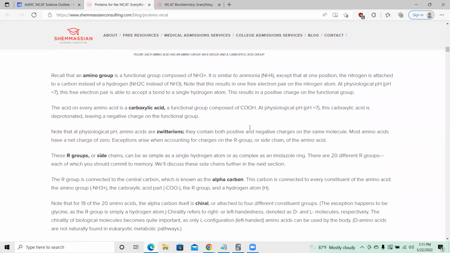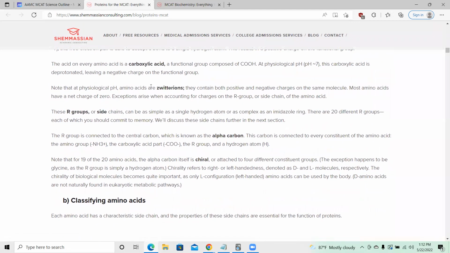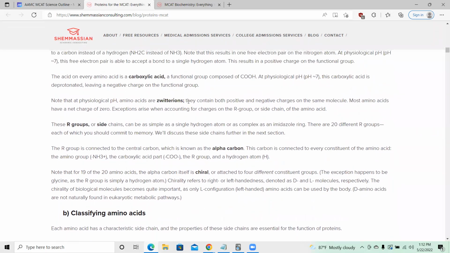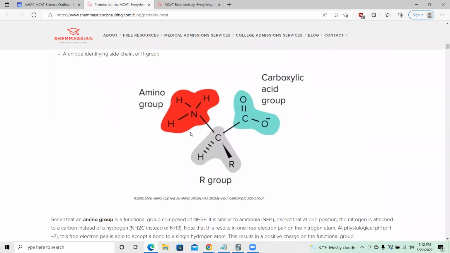Protonation, okay, we'll talk about that in a bit. Okay, yeah, this is important. Zwitterions are things that have a positive and a negative charge, but in such a way that they cancel out. So at physiological pH, this N has a positive charge and this O has a negative charge. Normally this N is supposed to be like NH2.